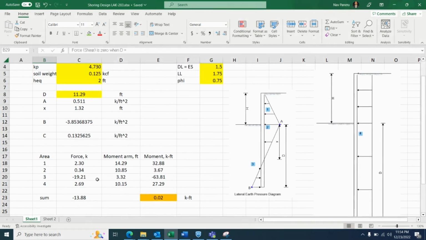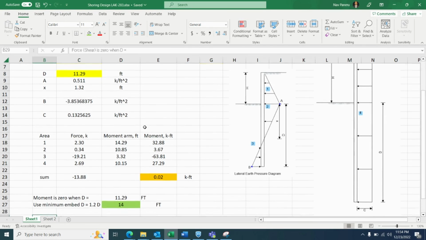So we will find the maximum moment acting on the seat pile, and you can already have it in your mind that the maximum bending moment will be at a point where shear force is zero. At that distance where shear force is zero, we will calculate our moment, and we will use that maximum moment as our design moment, and we will calculate our section modulus based on it.